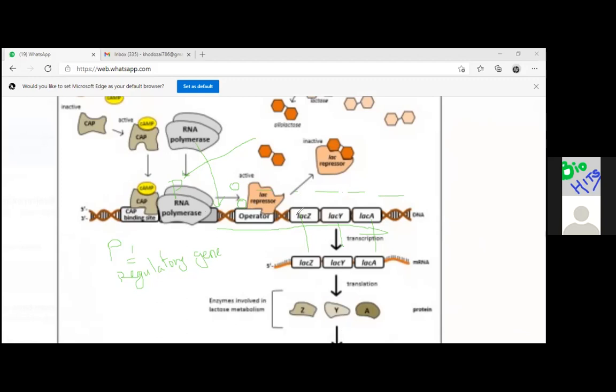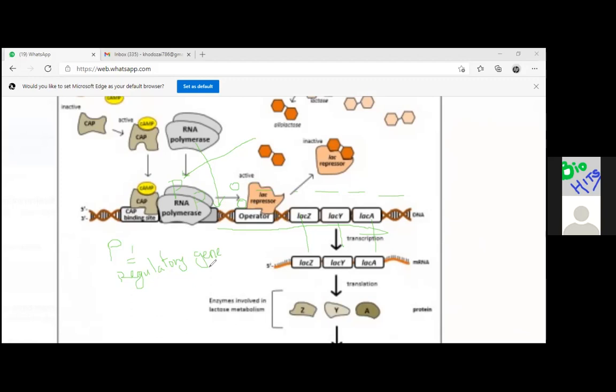So these 3 genes produce 3 different enzymes, and these enzymes are used to break down lactose. Now you know the P region, and you know the meaning of operator: this is the zone from where the RNA polymerase will start working. The operator region is present right after the P region, the promoter zone.